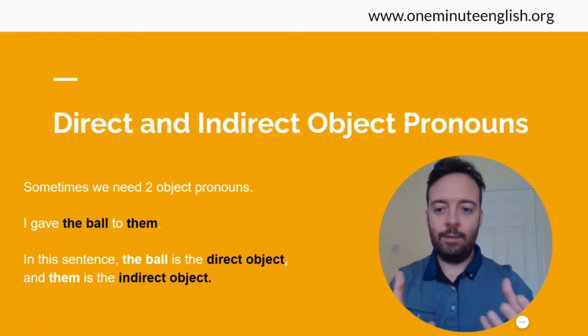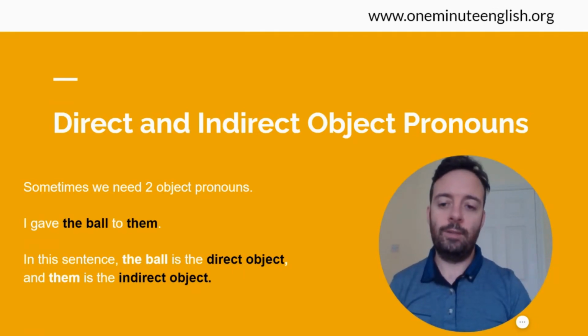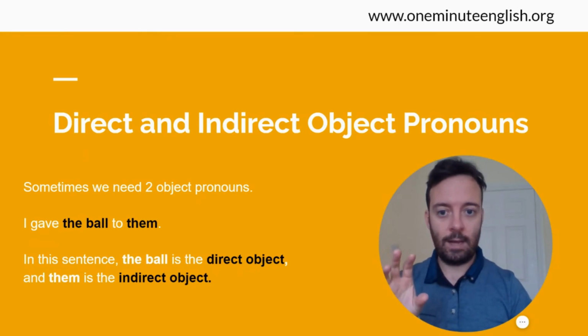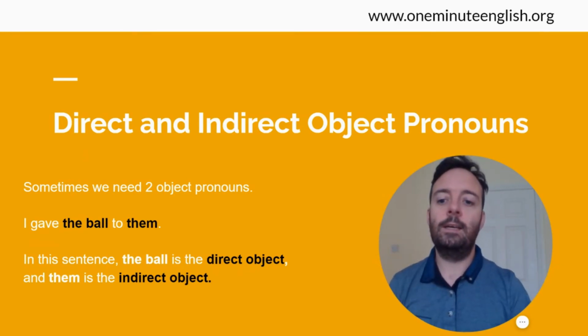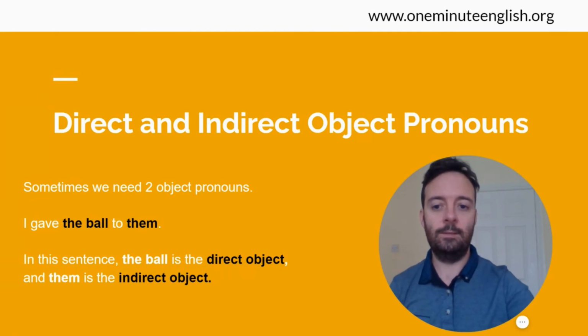I gave the ball to them. Okay, so the ball also receives the action, right? It's the object. It's mostly when we have an object and a person, right? So in this sentence, the ball is the direct object and them is the indirect object, okay?